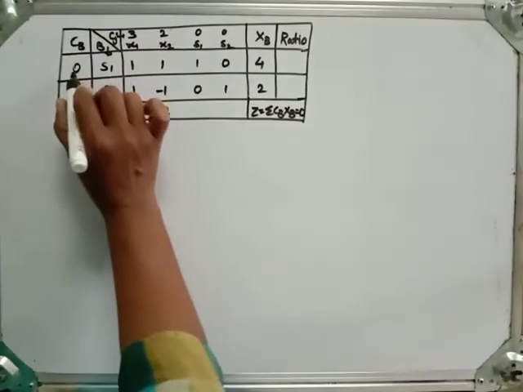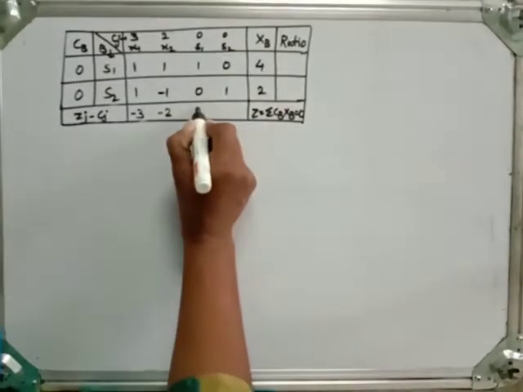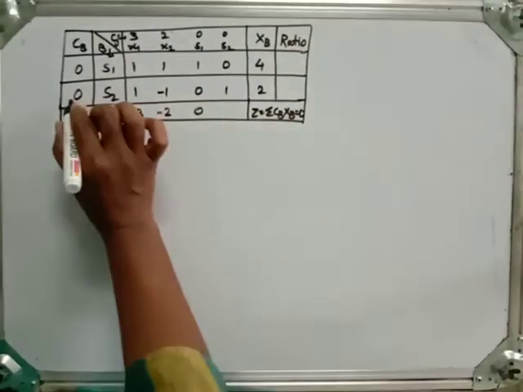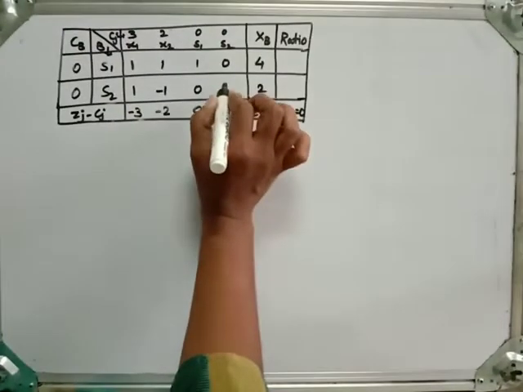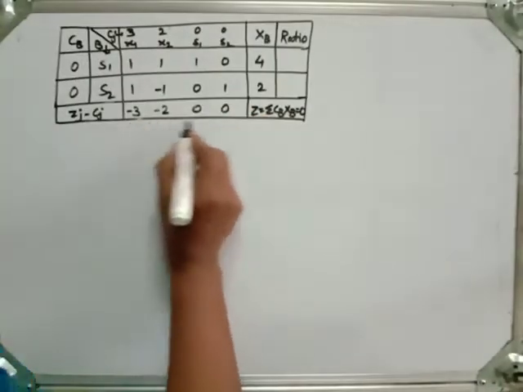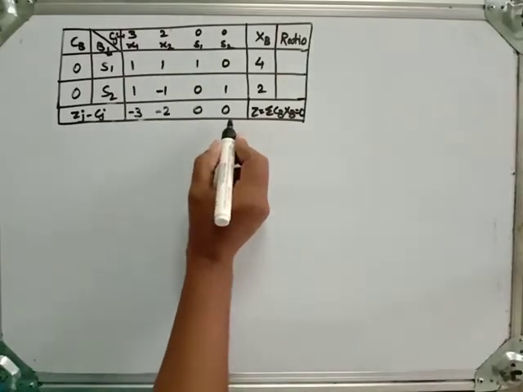Again 1 into 0 plus 0 into 0 minus 0 will be 0. Again 0 into 0, 1 into 0, their addition is 0, minus 0 will be 0. Now here not all Zj minus Cj are positive, so this is not an optimal solution.